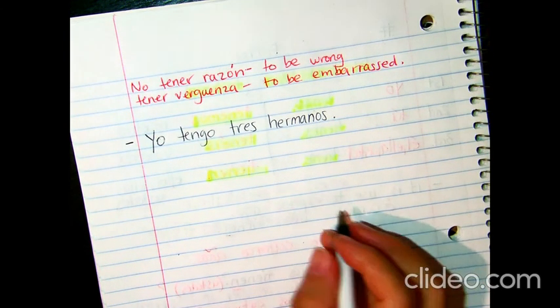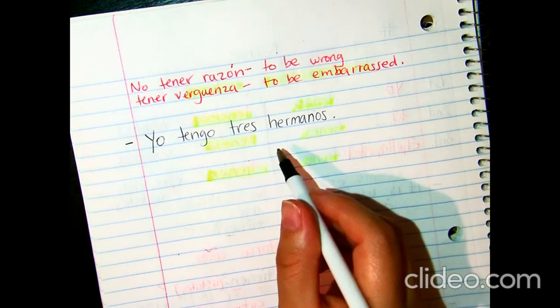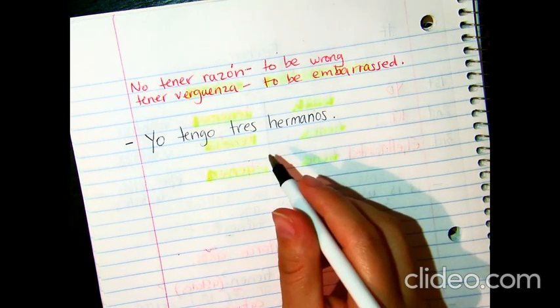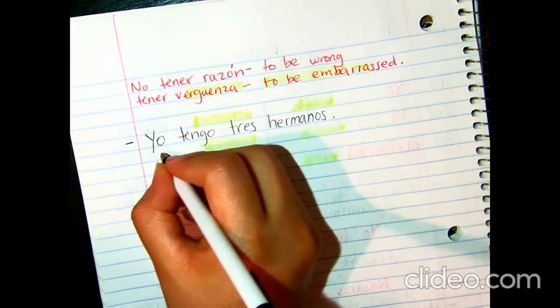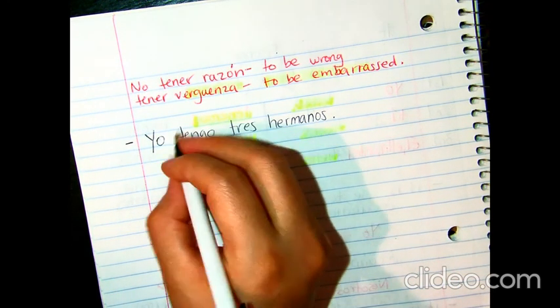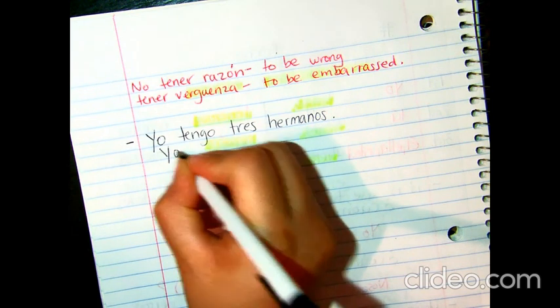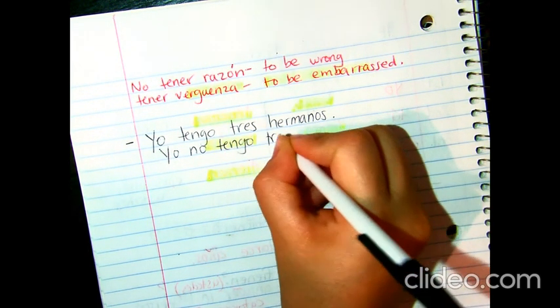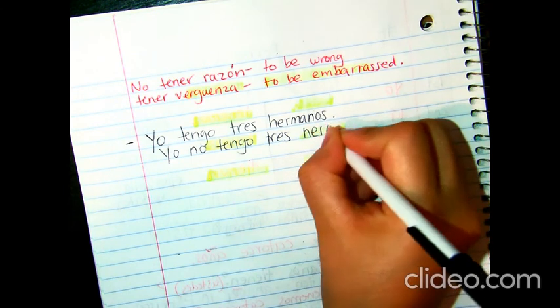Okay? You want to make the statement negative. When you're making a statement negative, you will always put the no in front of the conjugated verb. So you will say, yo no tengo 3 hermanos.